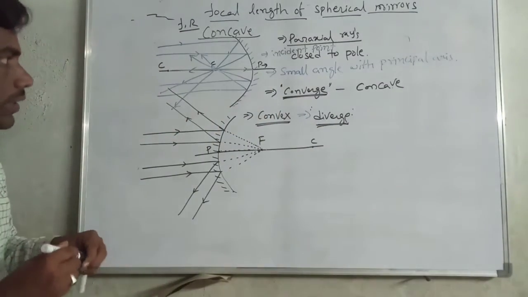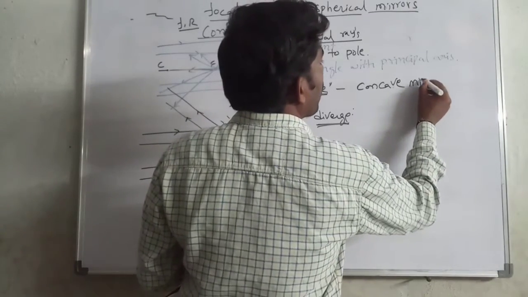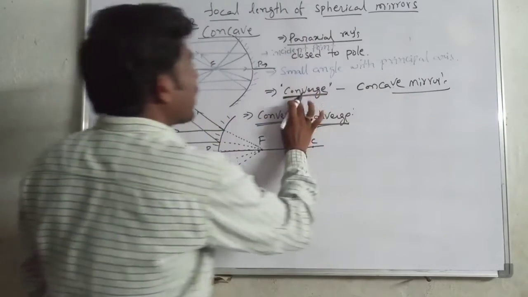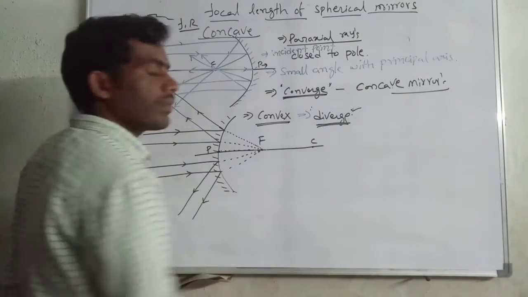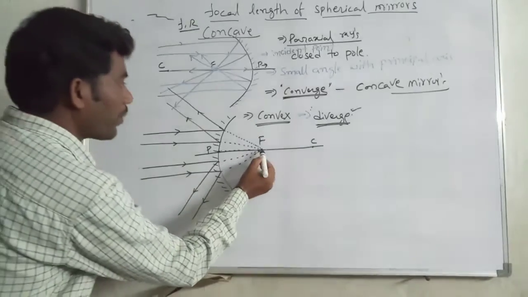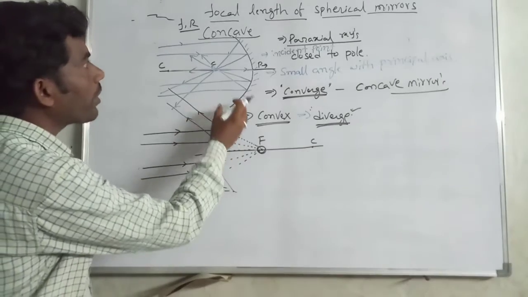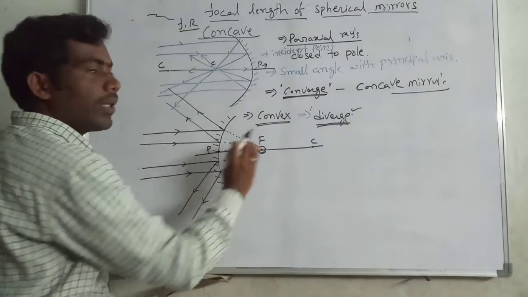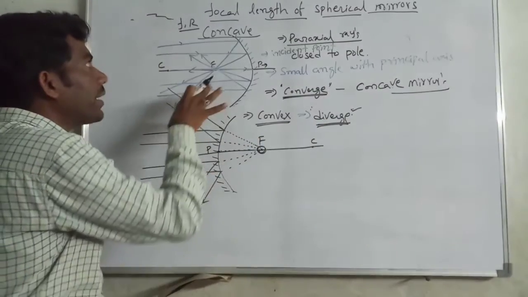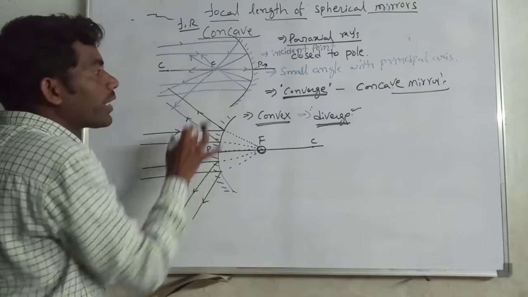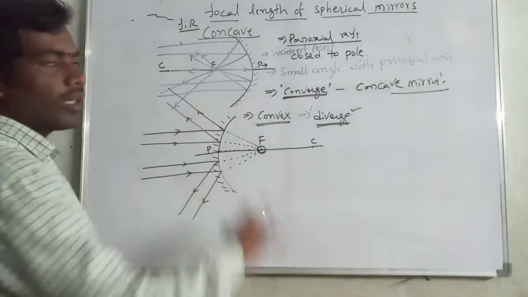The most important thing: the concave mirror gives convergence, and the convex mirror gives divergence from the point F. Okay, this is the important difference between the concave mirror and convex mirror. If light is incident on it, what will happen? In the case of concave, it converges. In the case of convex, it diverges. This is the most important point.